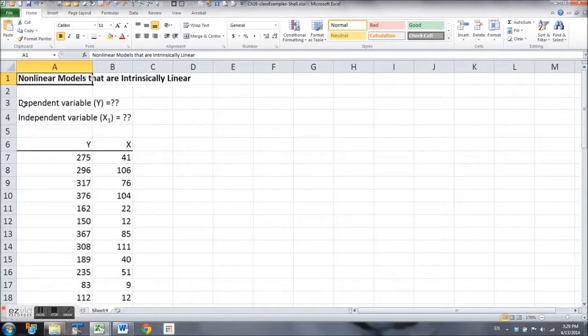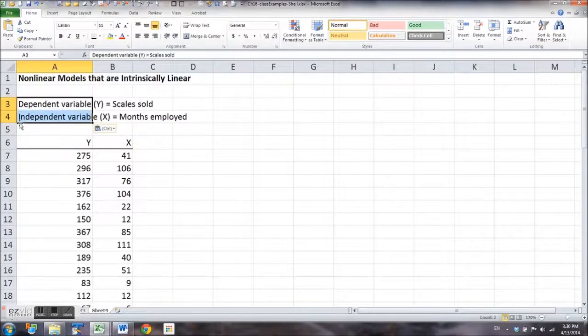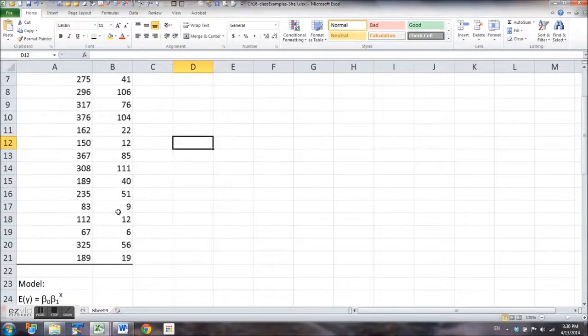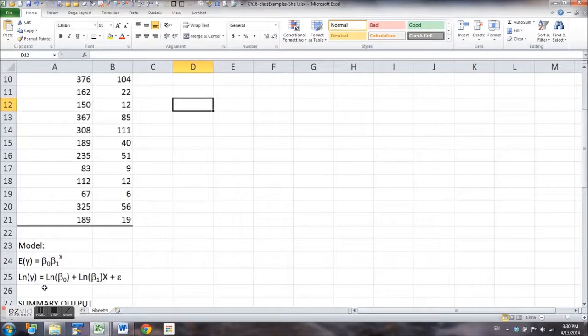So here the dependent variable is sales, and the independent variable is how long the salesperson has been with the company. Okay. So here is y and here is x, and the model is we need to convert y into ln y, and then we keep x as is.